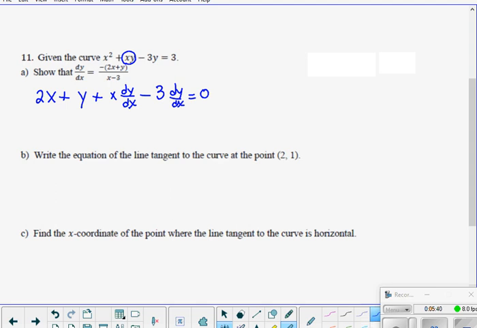I want to keep the dy/dx stuff on the left, so I'm going to go (x - 3) dy/dx, factoring out dy/dx, sliding these two terms over to the right will give me a negative 2x minus y. Using division, I'm going to get dy/dx is equal to negative 2x minus y over x minus 3.